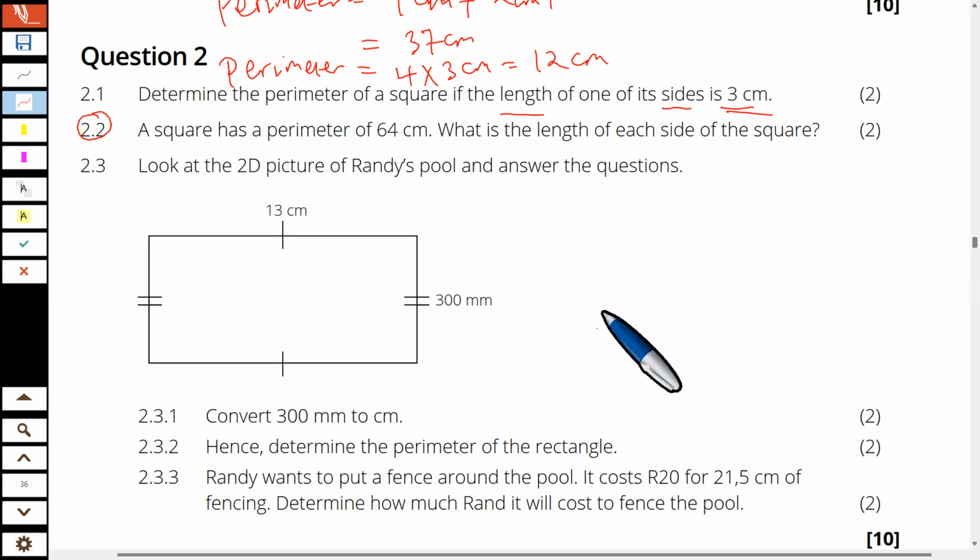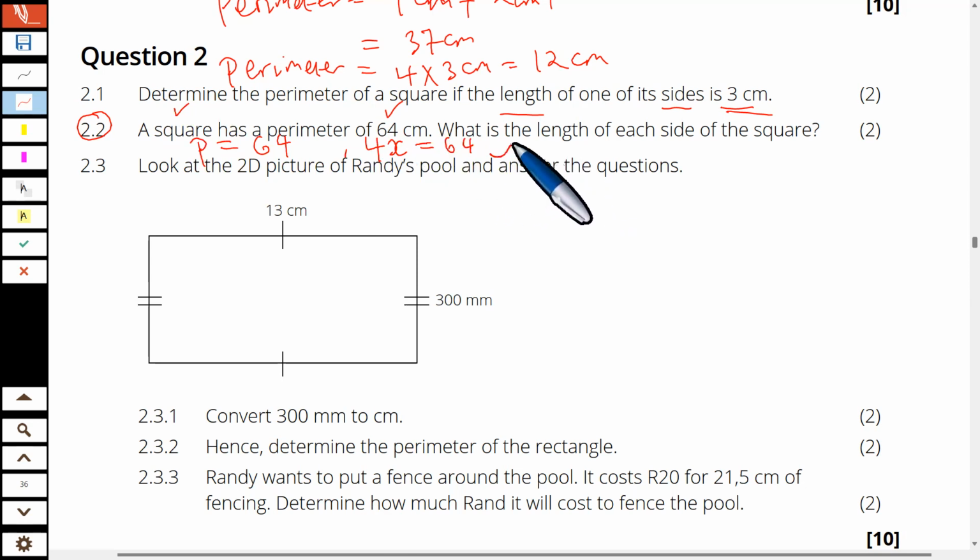It is exactly 16 because a square has a perimeter of 64, which means the perimeter P is equal to 64. But you're dealing with a square, so the perimeter is 4 times the length of each side, and you call each side x, so 4x is 64.